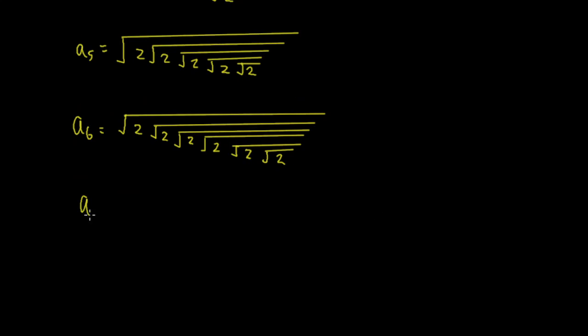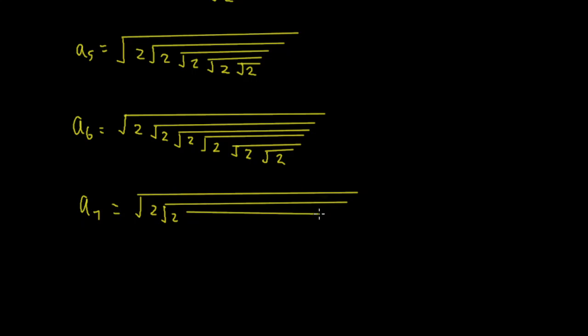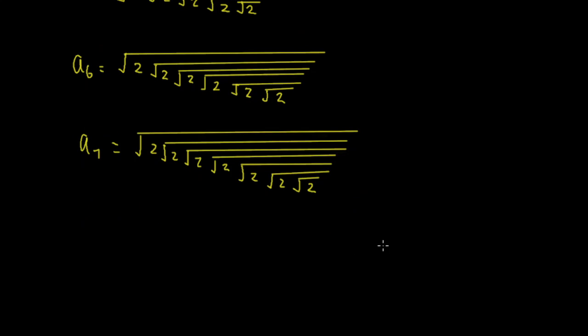What would a sub 7 be? That would be square root of 2 seven times, multiplied together. Okay, I have a reason as to why I will write that many terms out, and I will explain later.